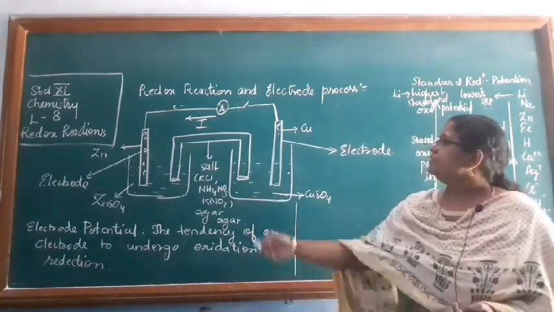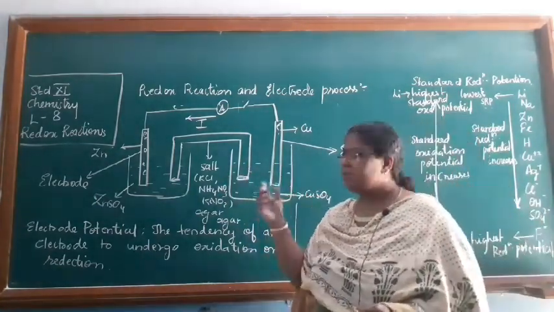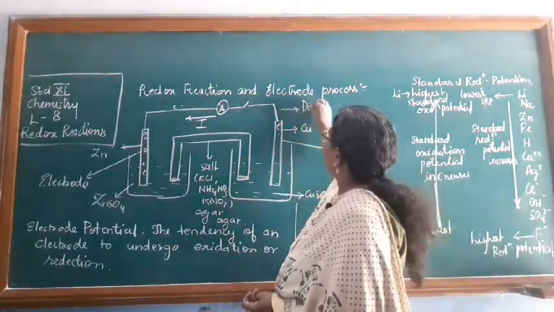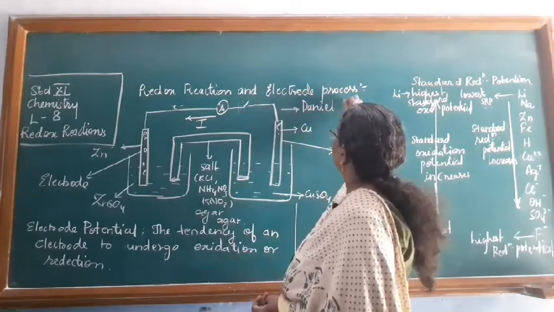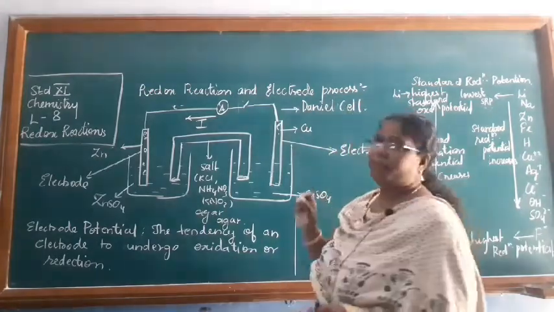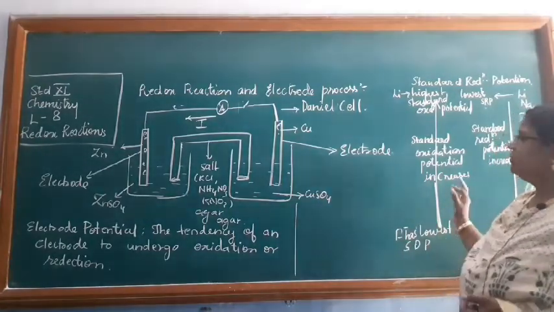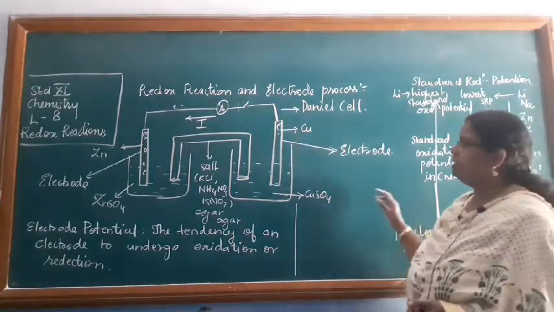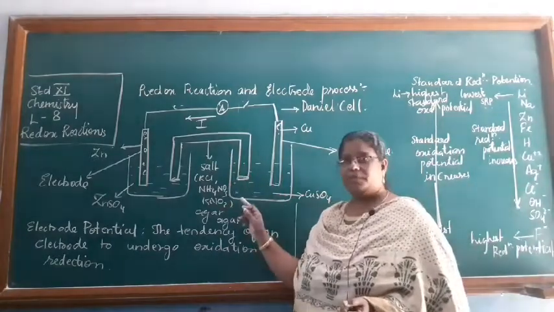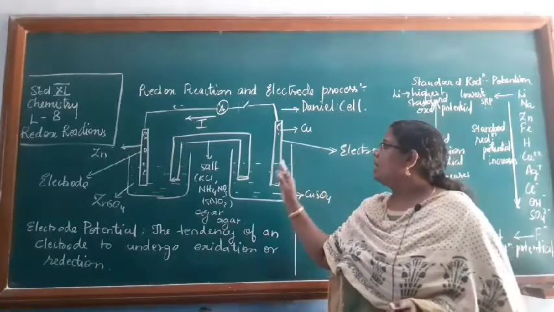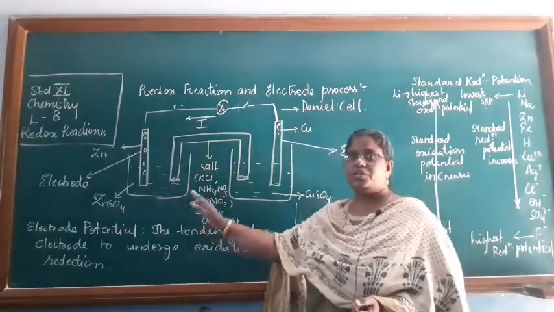Okay. The Zn and Cu electrochemical cell is also called, this cell has a special name given to it. It is called the Daniell cell. Followed everyone? Okay, so these are a few things which you should understand. In the electrochemical cell, the electrons are passing through the external circuit, ions are passing through the salt bridge.